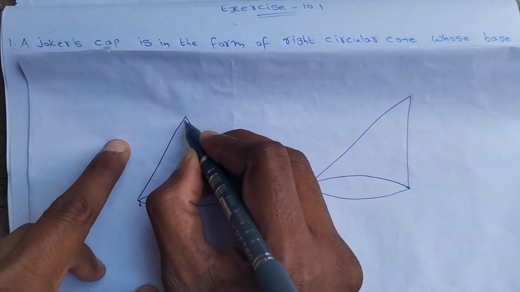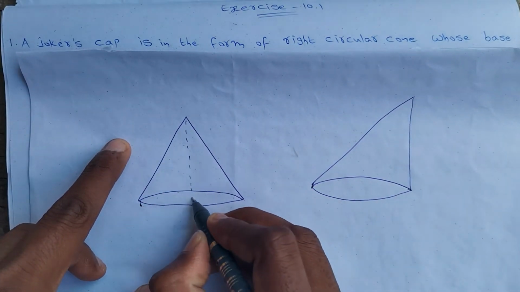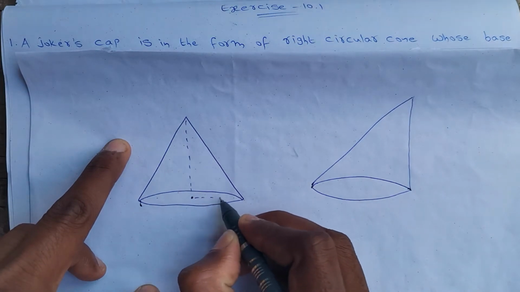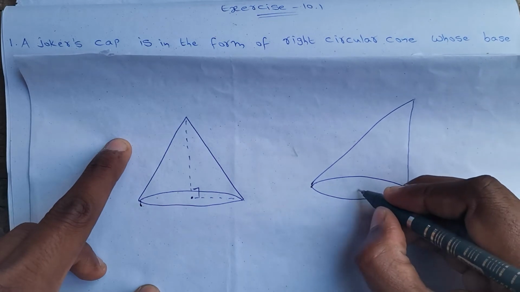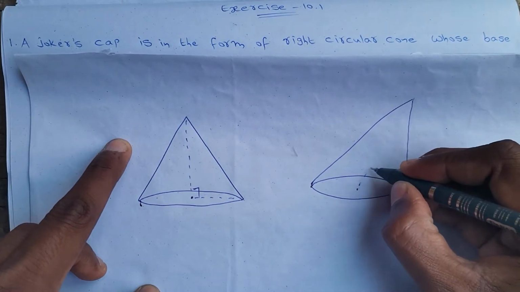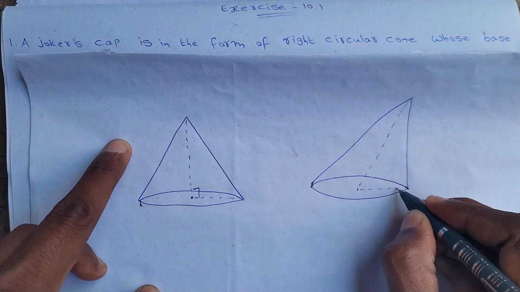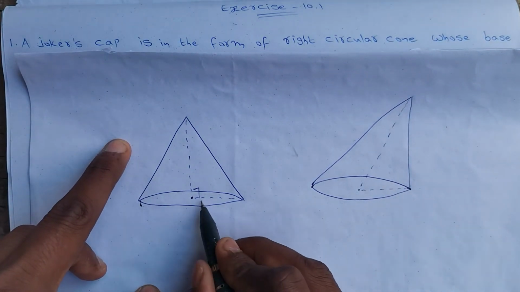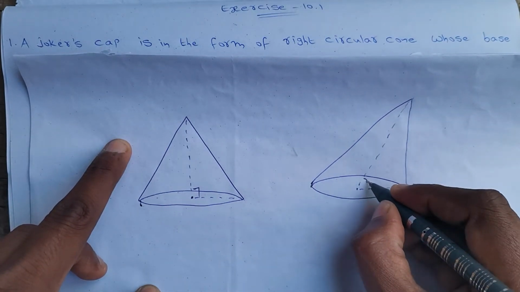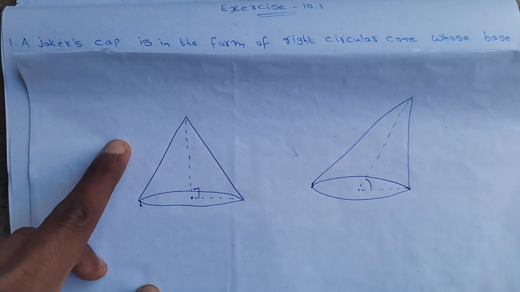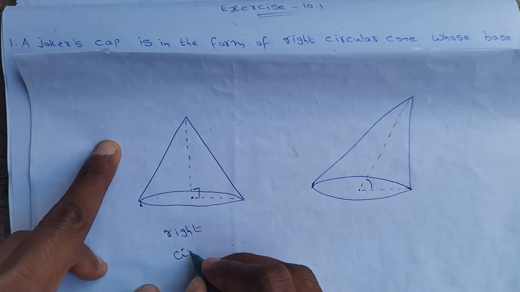From the vertex, if I draw one perpendicular with the radius of the cone, here we are getting 90 degrees and here we are getting some acute angle. So this is called a right circular cone.